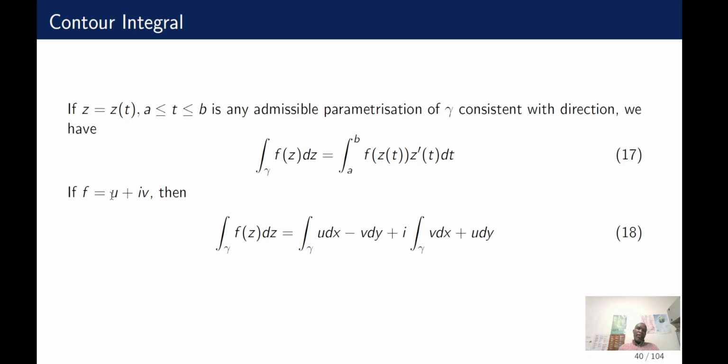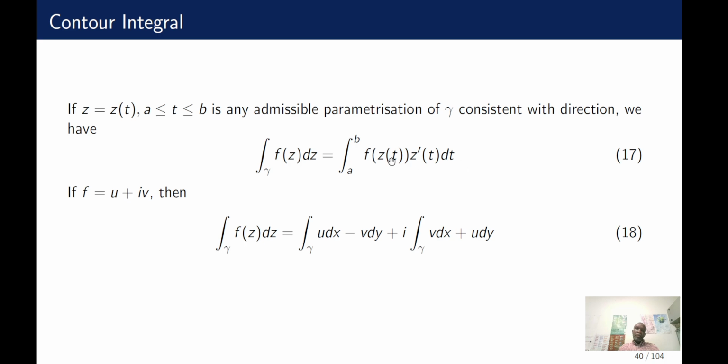Now, if your function has been expressed in terms of its real and imaginary parts u and v, you just expand this out, and your integral will become this. You expand z dash, which is dx plus i dy.